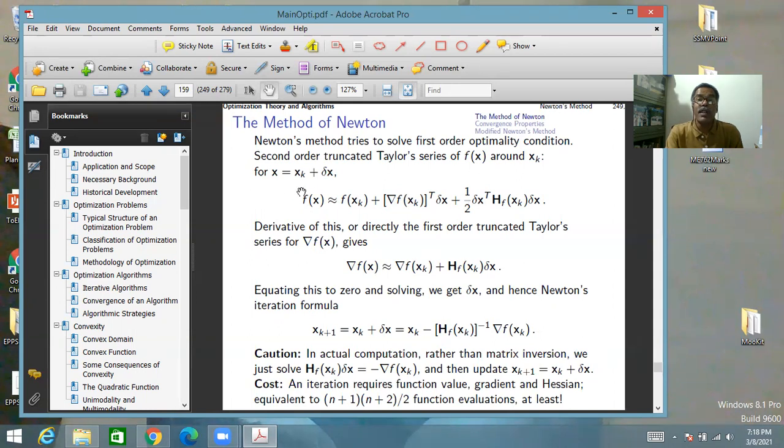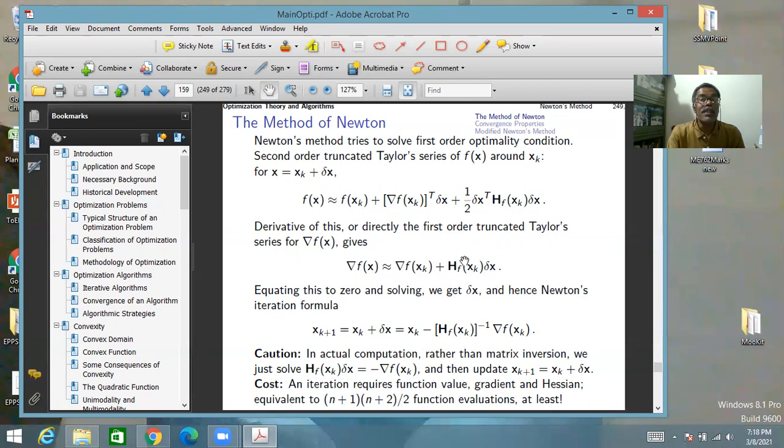This has an element of x because delta x is x minus xk. Its derivative stands for 1. And therefore this appears here. The derivative of this will get Hf into delta x. That is this. So this is grad f.